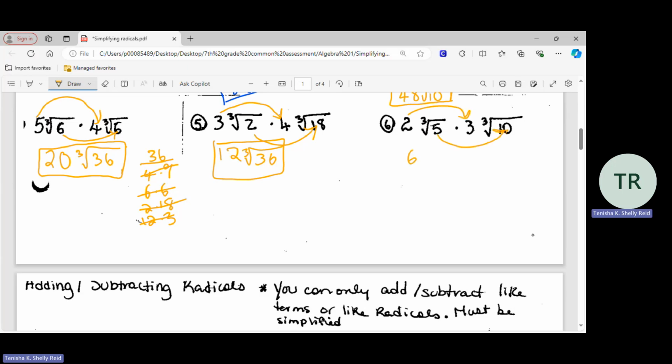And then underneath the radical, you would have the cubed root of 50. And I didn't intentionally go that way, but this is 25 and 2. This is 10 and 5, 50 and 1. And none of these happen to be perfect cubes. I'm actually done. All right, so that's how we multiply.